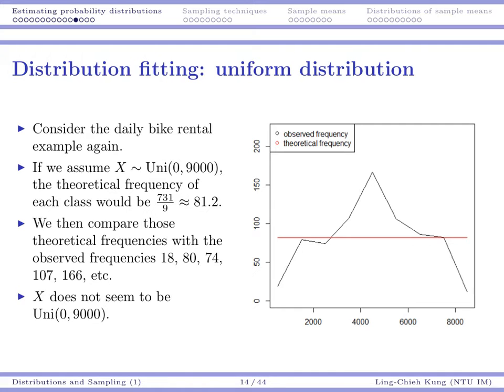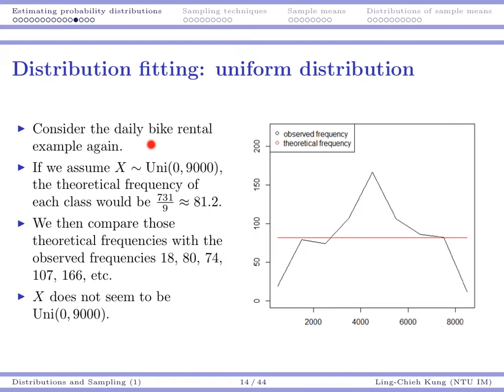So if I say I want X to be uniform within 0 to 9000, what does that mean? That means I believe that the daily bike rental would be a random number between 0 to 9000. For each possible value in this region, the probability is the same.